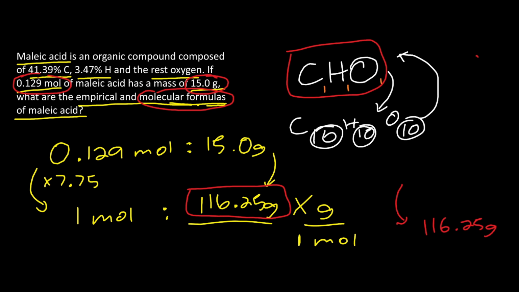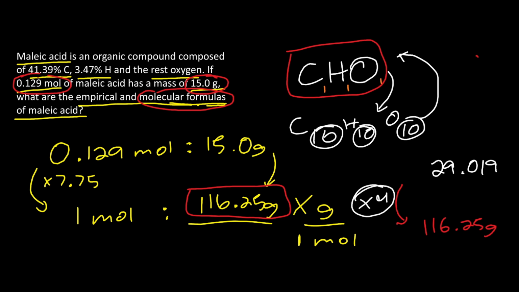So 12.011 plus 1.008 plus 16, and that gets us 29.019. And now we can take our molar mass of malic acid, 116.25, and divide it by 29.019, and that gets us about 4.